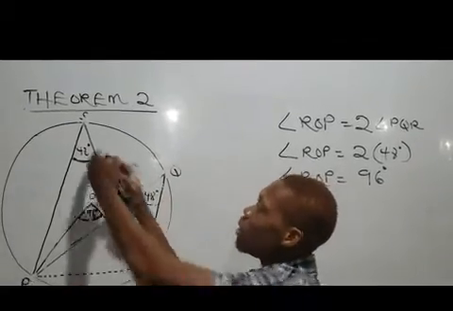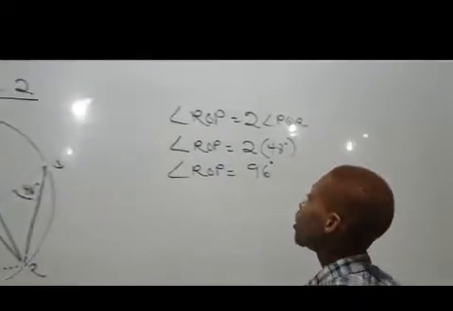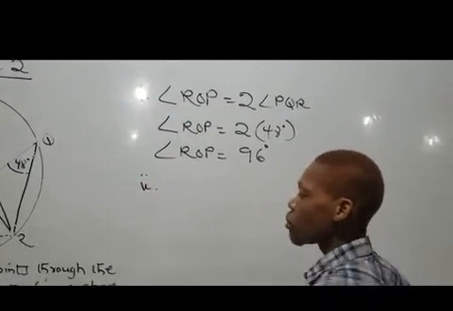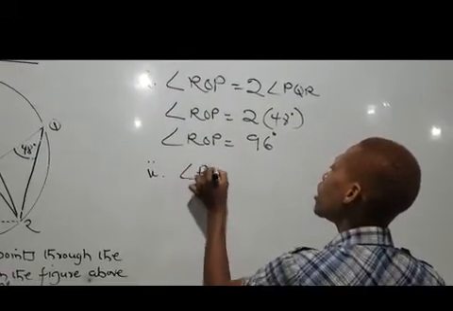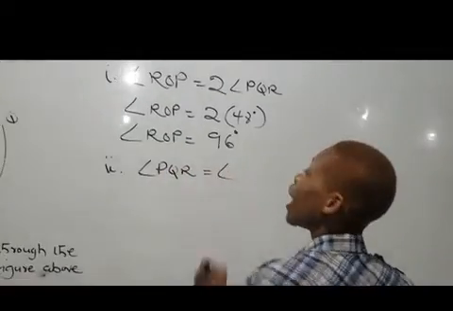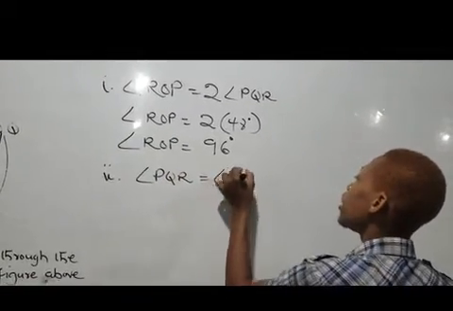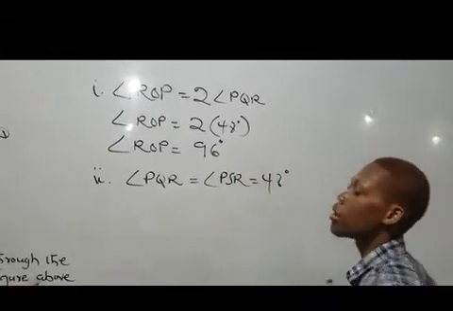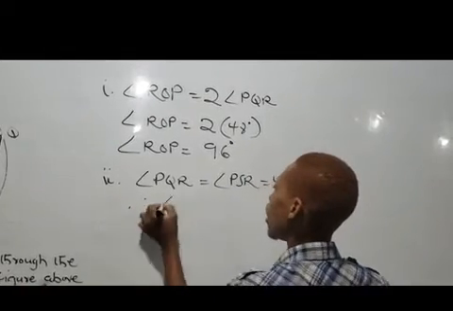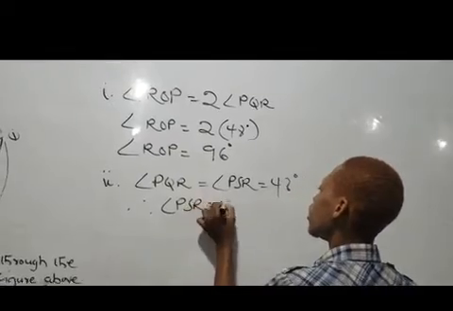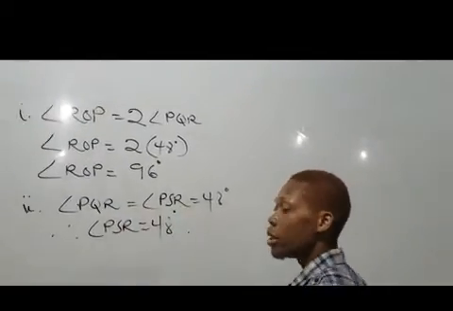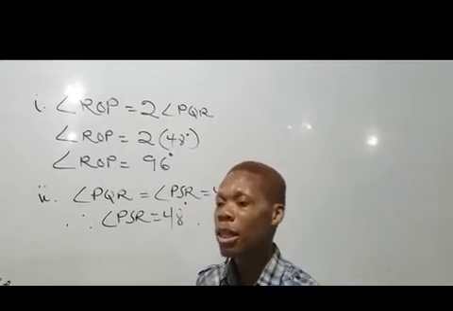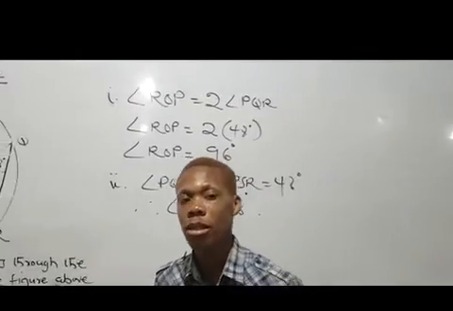So this one is 48, means this one will also be 48 degrees. So this was solution II. I know angle PQR is equal to angle PSR and is equal to 48 degrees. Therefore, angle PSR is equal to 48 degrees. The angles a chord or an arc subtends at the circumference in the same segment are equal.